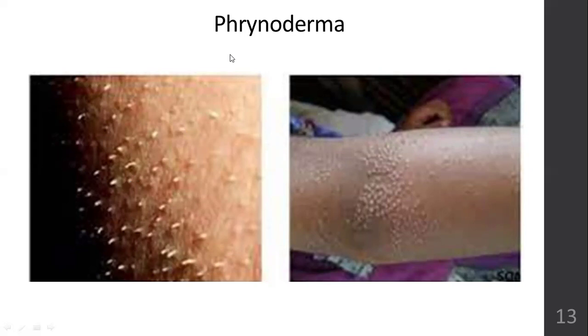If they're not getting enough omega-3, they become dry and hard because new cells are not formed and old ones are not being replaced. So the old ones become hard and dry and poke through the hair follicles like this. This situation is called rhinoderma. It is very rare; an absolute deficiency of essential fatty acids leads to this.